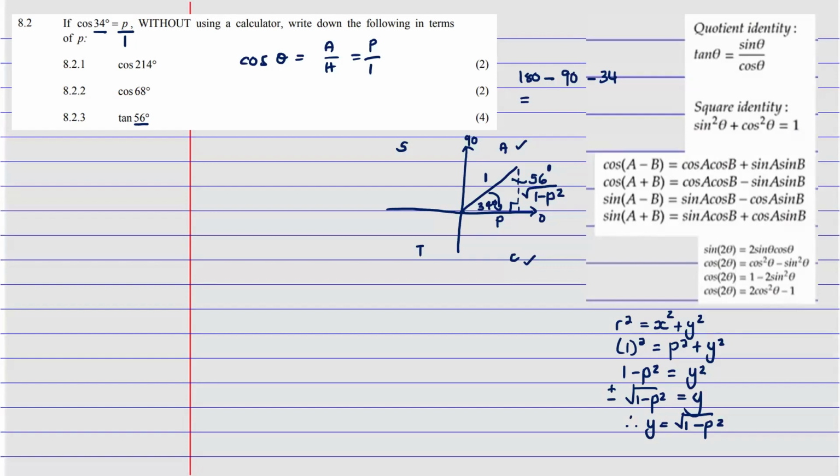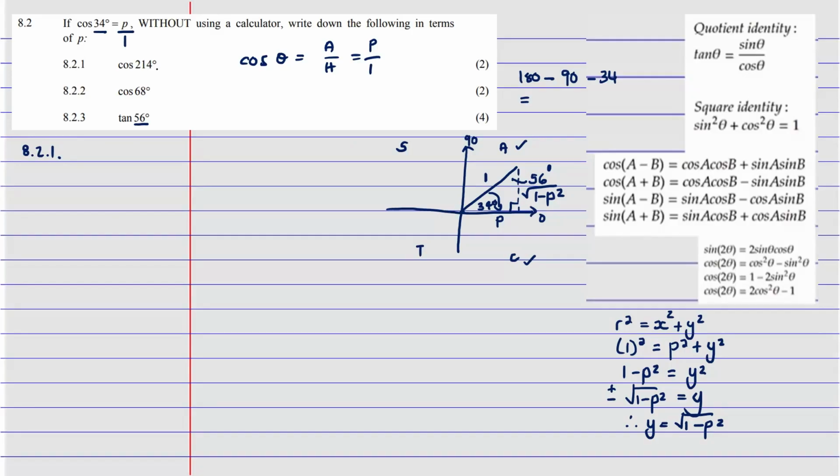Yes, ma'am. So now that we have the diagram filled in, let's answer the questions. The first one is 8.2.1. This question is a mix of your identities and the actual triangle we just sketched. It says cos 214.